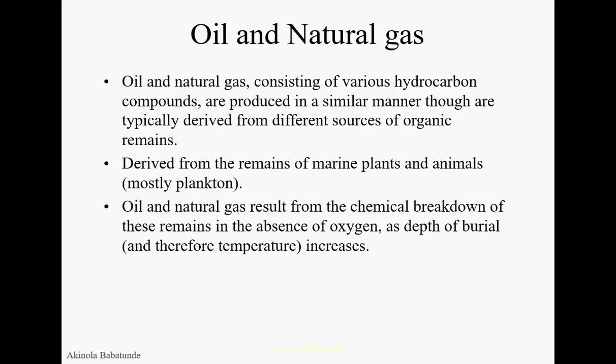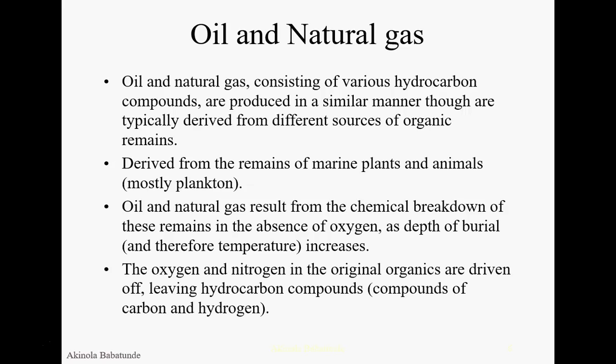Oil and natural gas result from the chemical breakdown of these remains in the absence of oxygen as depth of burial increases. And as this depth increases, certainly the temperature increases. The oxygen and nitrogen in the original organics are driven off, leaving behind hydrocarbon compounds. These hydrocarbon compounds are mainly made up of carbon and hydrogen.